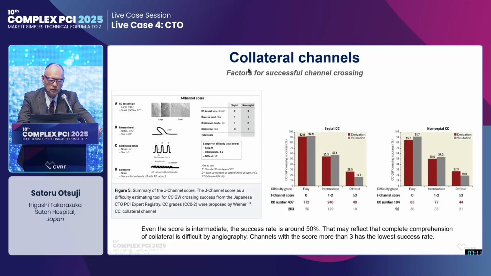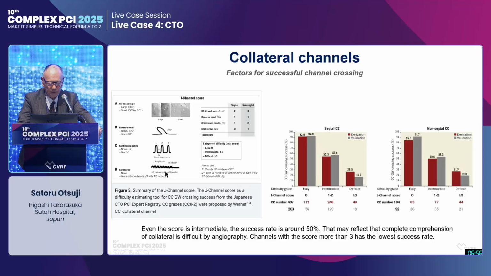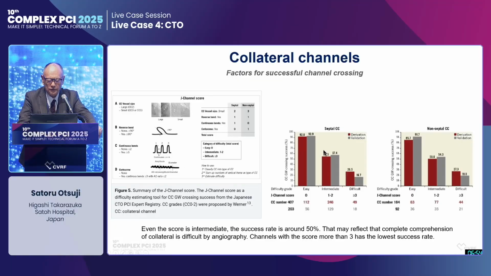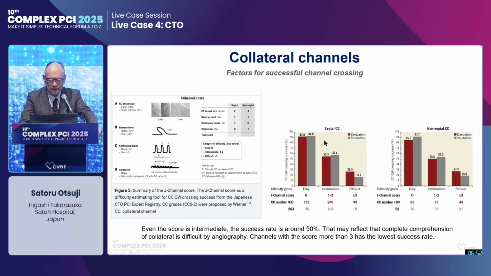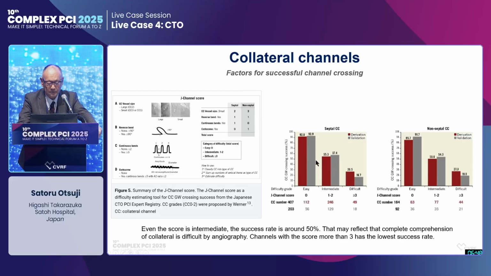We had a collateral channel score that predicts channel crossing difficulty. One is channel diameter, the other is bend, and the continuous bend and corkscrew phenomenon. Even for the septal channel, when the score is intermediate, the success rate is around 50%.